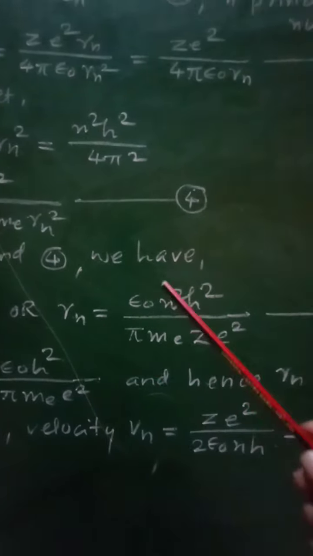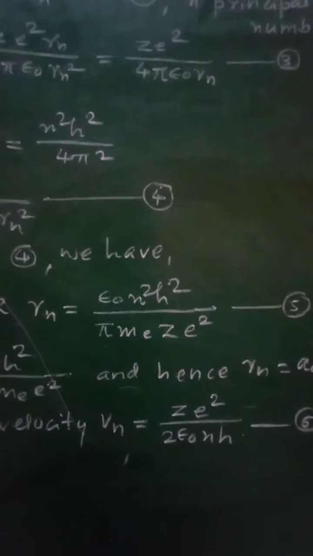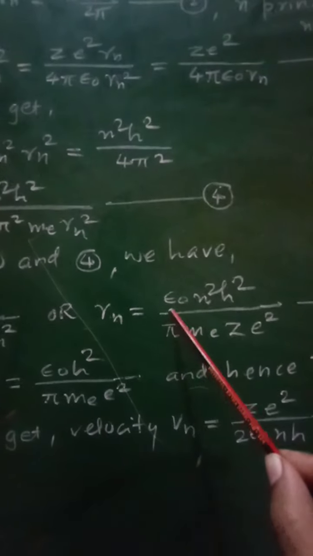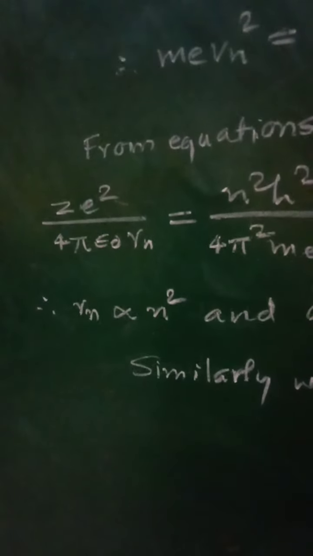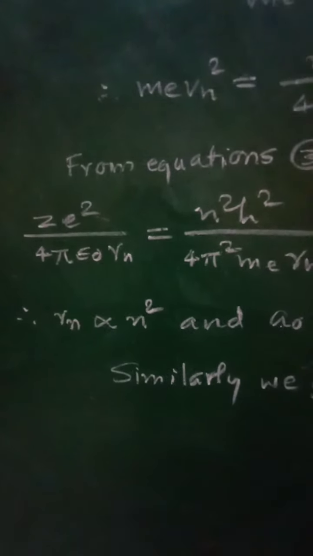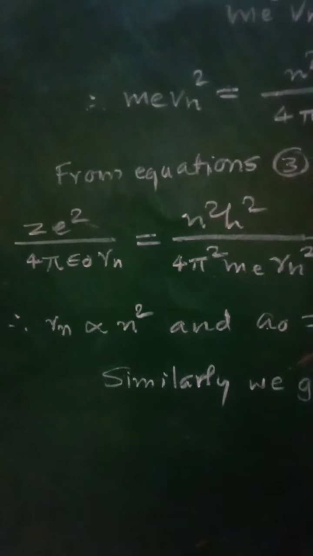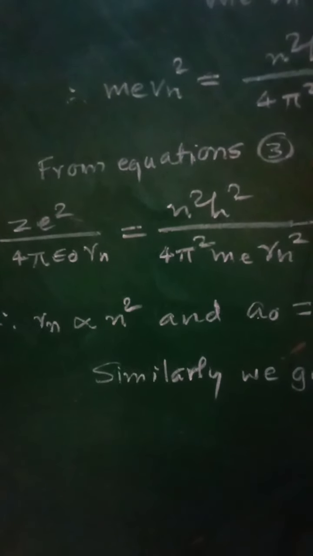Here epsilon 0, h, pi, me, that is the mass of the electron, Z and e are all constants, and therefore we can say that Rn is directly proportional to n square. That is, the radius of the Bohr orbit is directly proportional to the square of the principal quantum number, Rn proportional to n square.